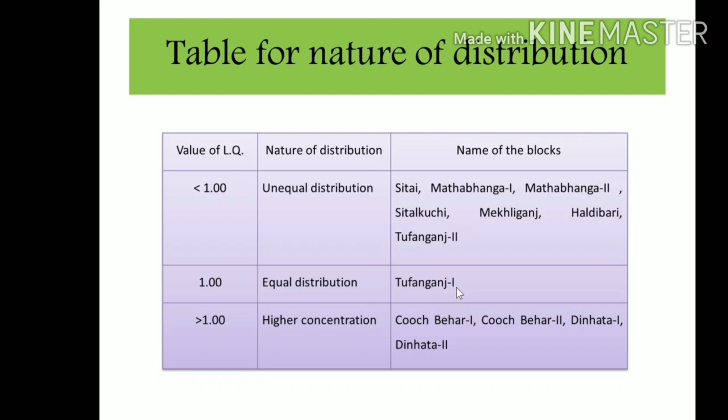The value of the remaining blocks of the district is less than 1. It means there is an unequal distribution of population, or neither concentration of population in relation to area. So in this way you have to interpret the result.